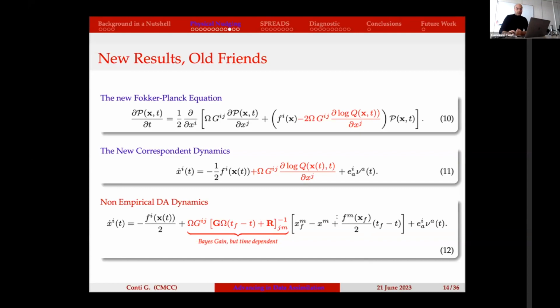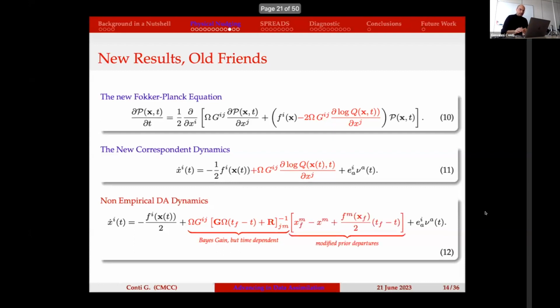And also in the innovation part, you have XF, that is our observation, minus our system. This is the usual innovation term. But then when we are far away from the observation, we also have this new correction. So this is a way to see data assimilation in another way and to continuously correct our system.